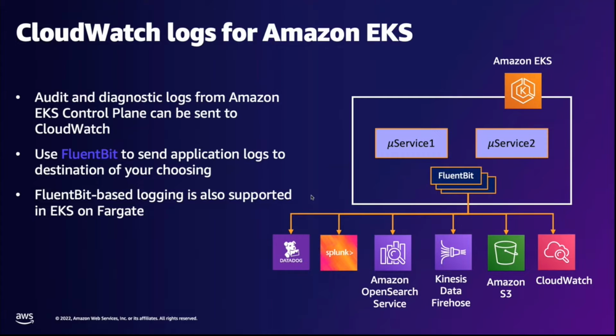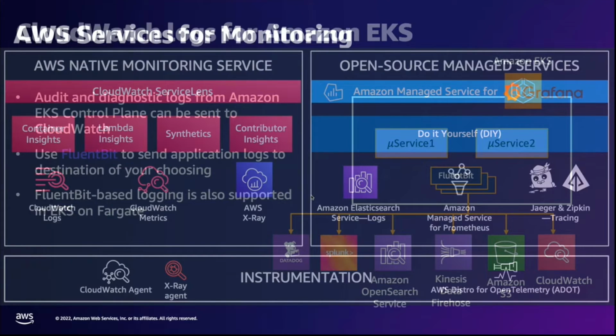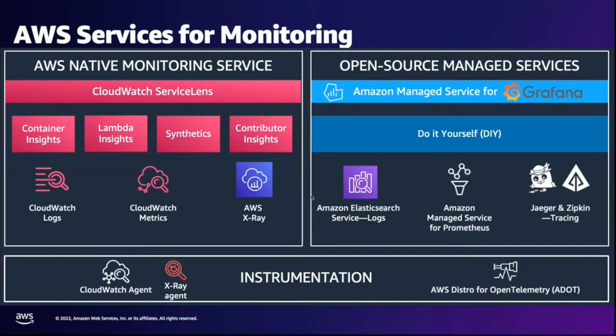Generally speaking, you may implement AWS services for monitoring your cluster from different perspectives. You have the AWS native monitoring services using CloudWatch, Container Insights, Synthetics, and Contributor Insights, and on the other side, you can go with open source offerings using Amazon Managed Service for Grafana.